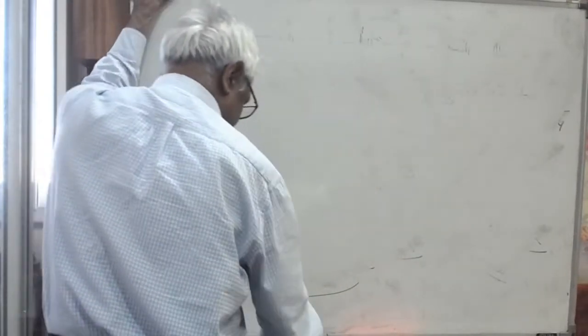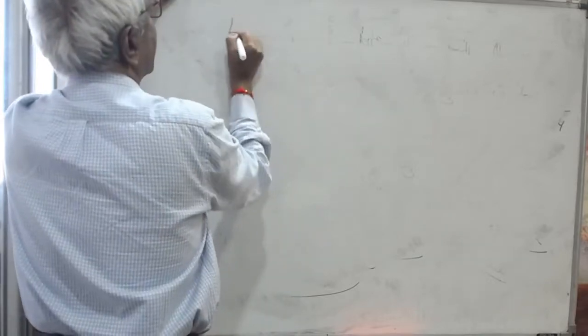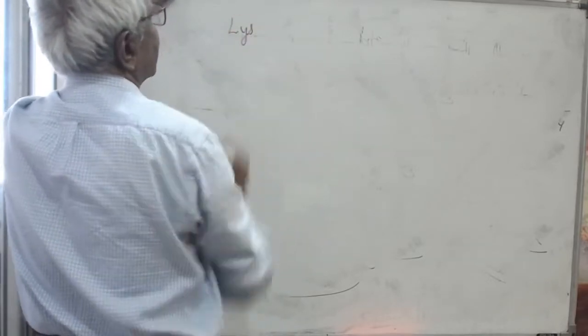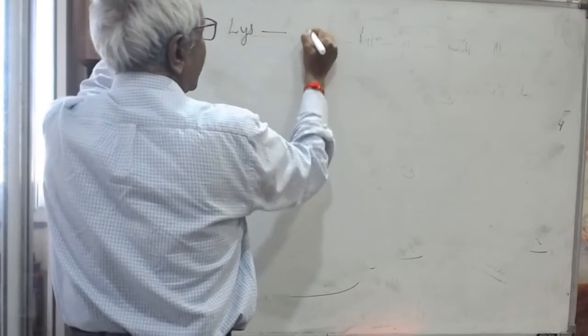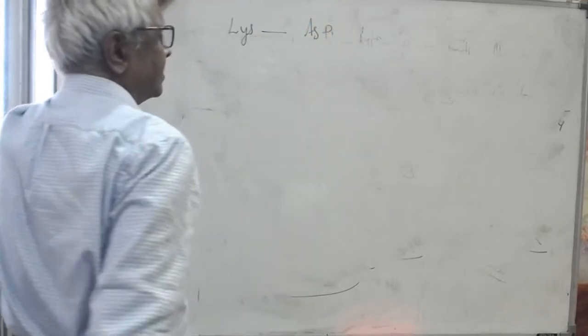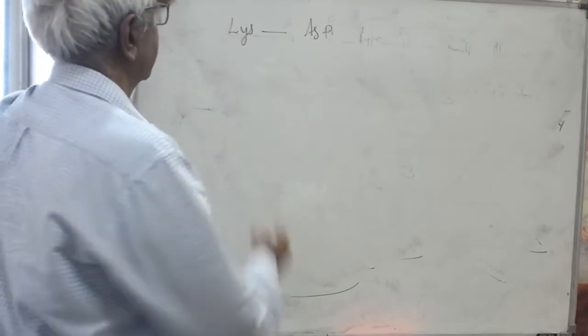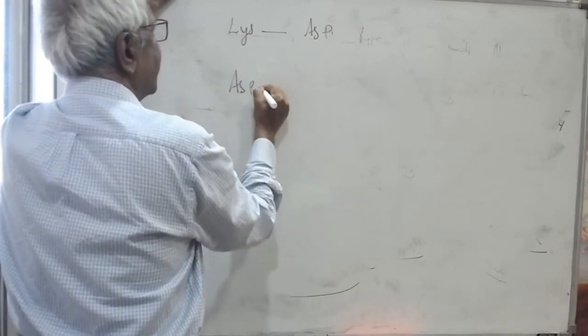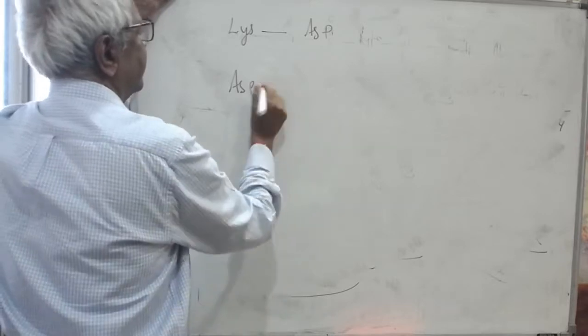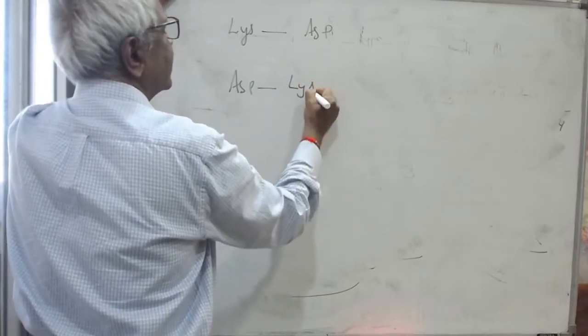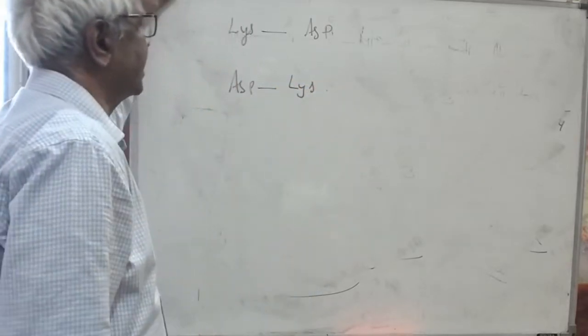Now I will ask a question. LYS is lysine and ASP. Write the structure of a dipeptide.